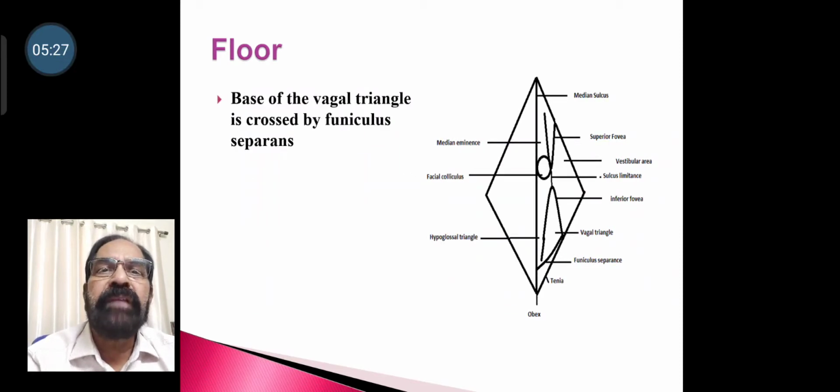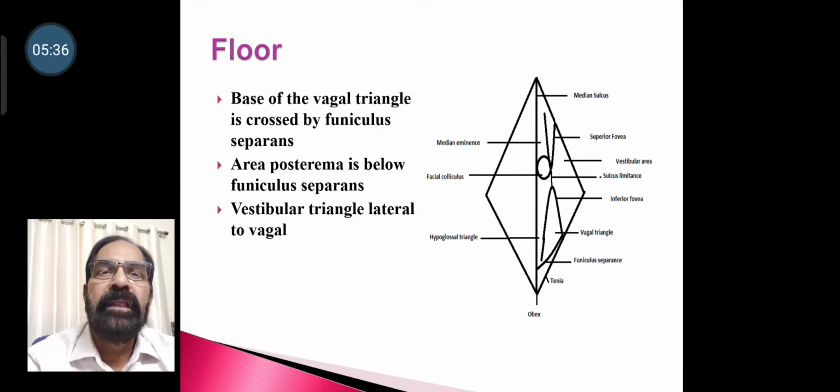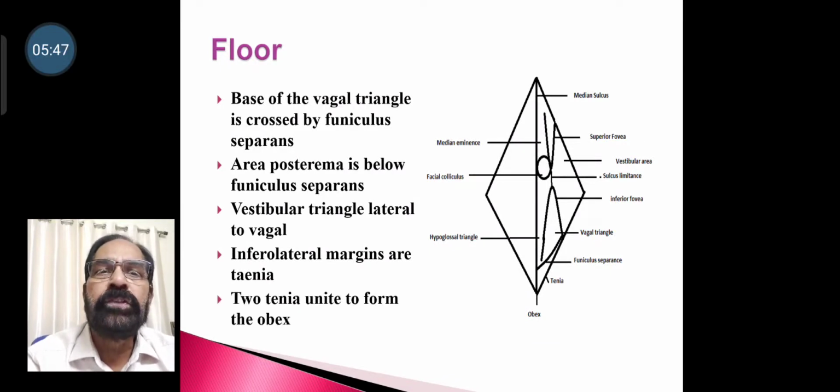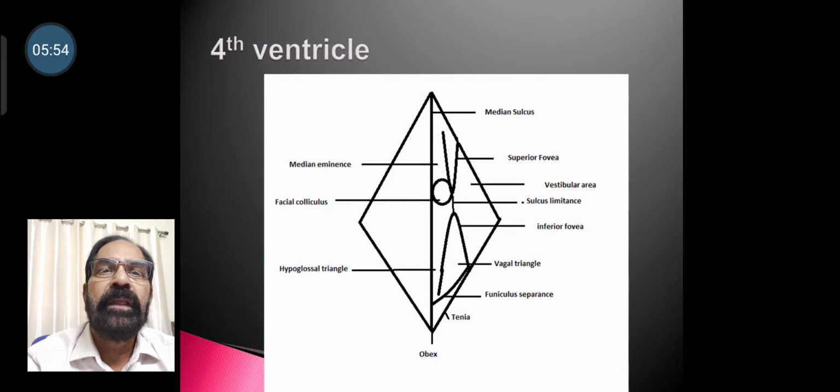Base of the vagal triangle is crossed by funiculus separans. Area postrema is below funiculus separans. Vestibular triangle is lateral to vagal triangle. Inferolateral margins are called taenia, and the two taenia unite to form what is called the obex, as you can see in the picture. So that's the picture showing the fourth ventricle, also called rhomboid fossa.